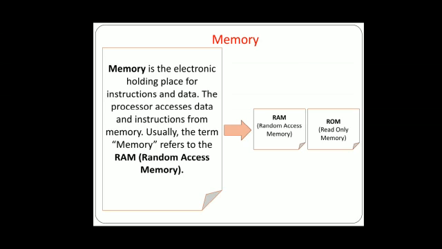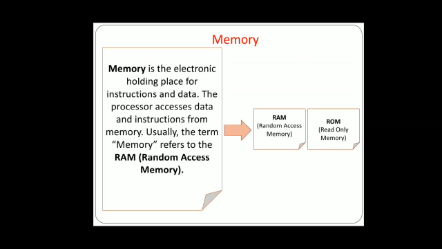The processor accesses data and instructions from memory. So RAM means random access memory. RAM is a electronic storage place. It holds data and instructions before and after processing.